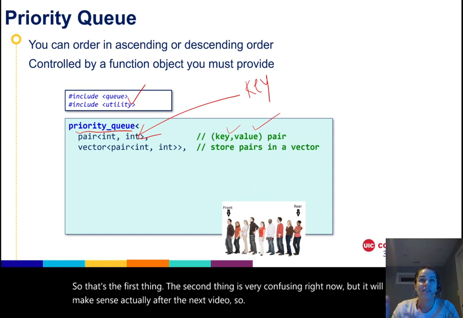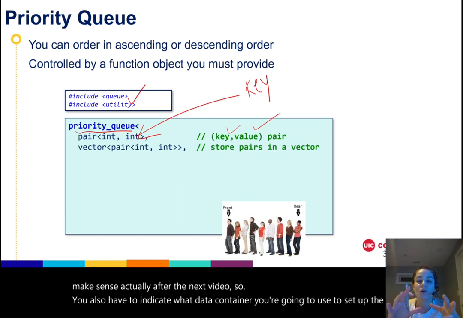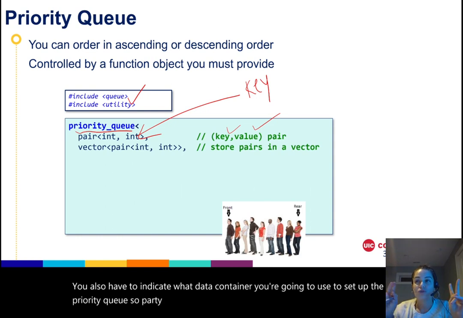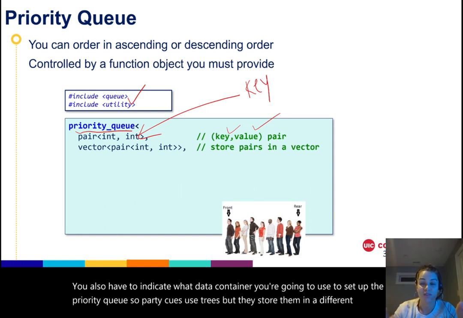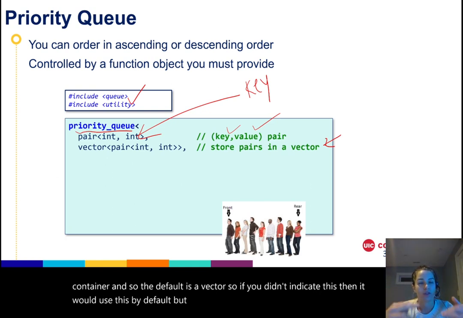You also have to indicate which container you're going to use to set up the priority queue. So priority queues use trees, but they store them in a different container. And so the default is a vector. So if you didn't indicate this, then it would use this by default. But we have to call it because we need the third call here.